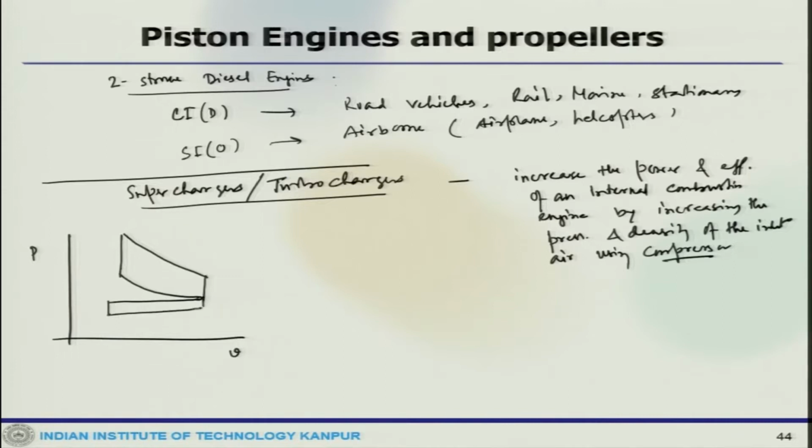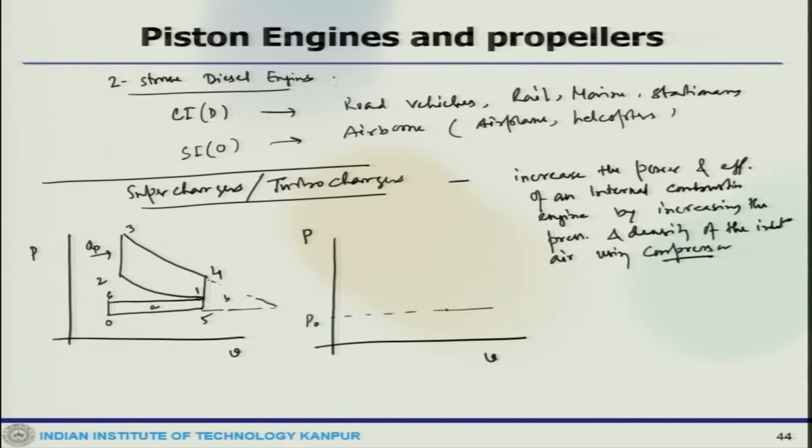So this is 0, this is 1, 2, 3, 4, 5, 6, and if we put that on the TS diagram as well, with pressure and specific volume, this is P naught, this is state 0, this is 1s, this is 1a.